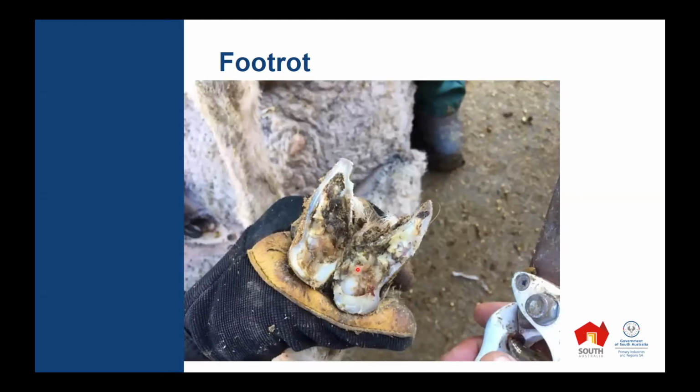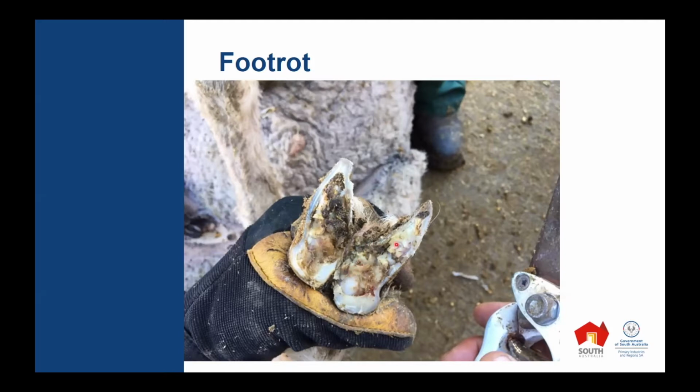When you actually do a bit of paring and cut into the hoof, you can see that the infection has run up the inside of the hoof, from that skin area right across the sole to the outside wall and around the toe here. So what it's actually doing is, think of it eating underneath your fingernail until your fingernails fall off. Sheep walk on their fingernails, so if that happens to them, they obviously become pretty severely lame.